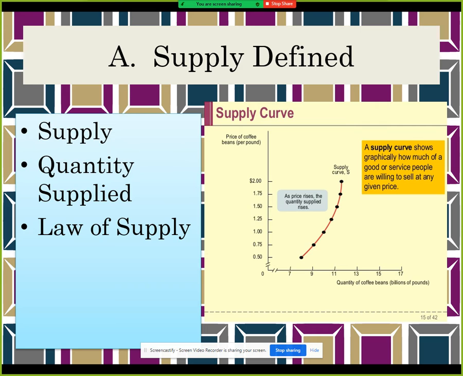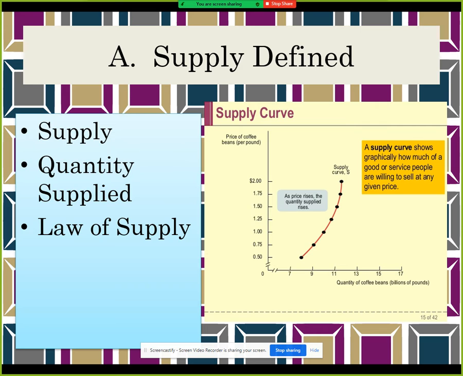The law of supply, however, suggests that as price increases, quantity supplied also increases, and as price decreases, what happens to quantity supplied? It decreases. So there's a positive relationship between those. In demand, it is inverse; they move in opposite directions. With supply, it moves in the same direction.